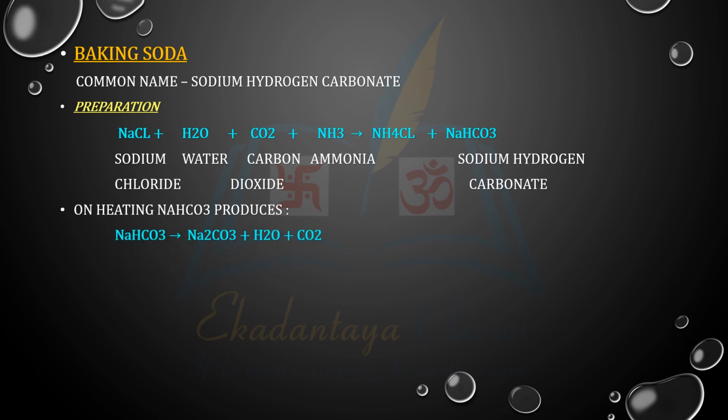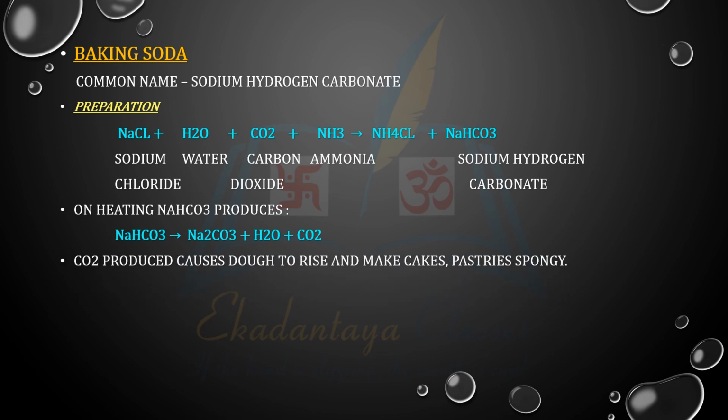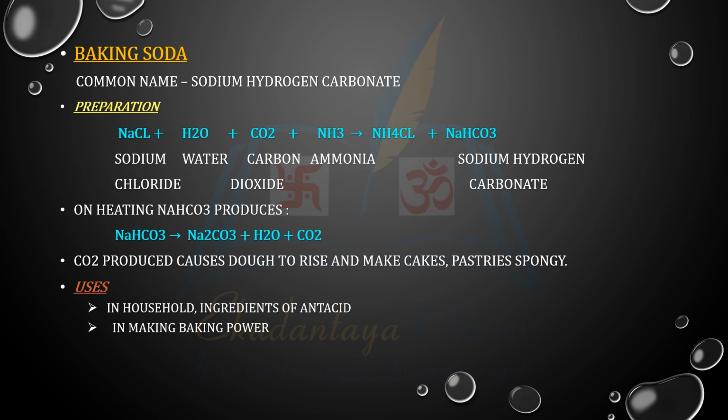On heating sodium hydrogen carbonate, you get Na2CO3 plus H2O plus CO2. CO2 causes dough to rise and makes cakes and pastries spongy. This is used in household ingredients, antacids, and in making baking powder.